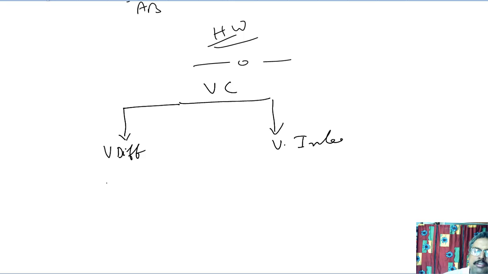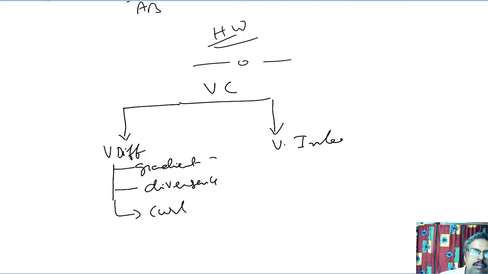In vector differentiation, we discussed three important concepts: gradient, divergence, and curl. These are three important vector operators.